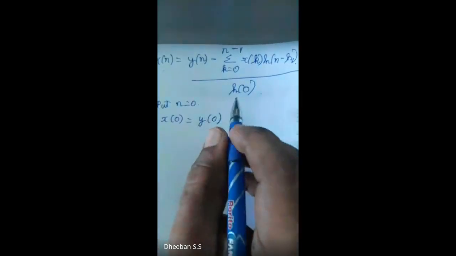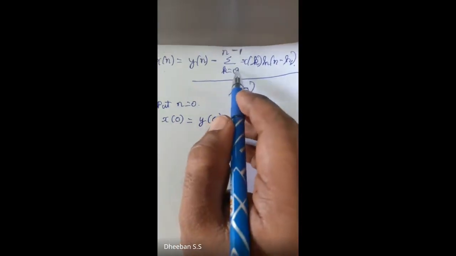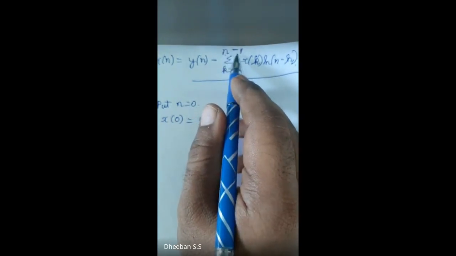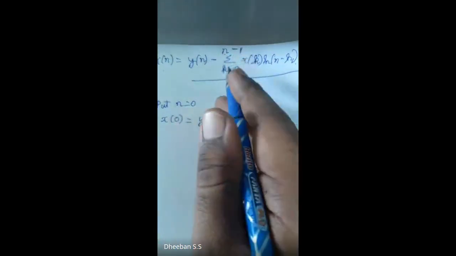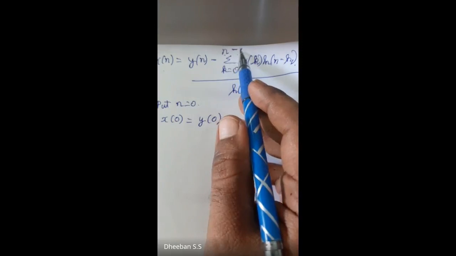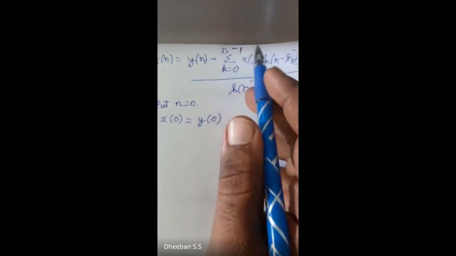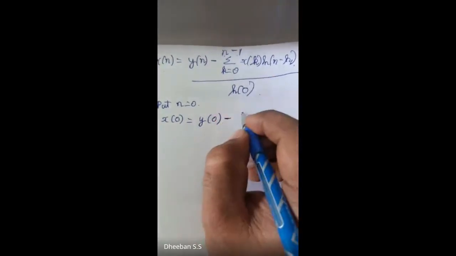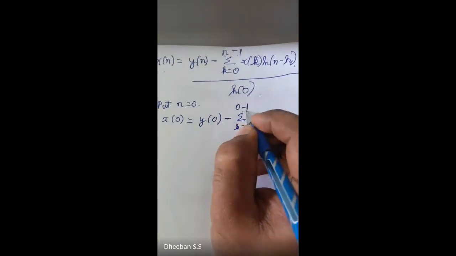Here the catchy thing is, you put n equal to 0, so the upper limit becomes 0 minus 1, which is minus 1. That is minus of summation k equal to 0 to minus 1.